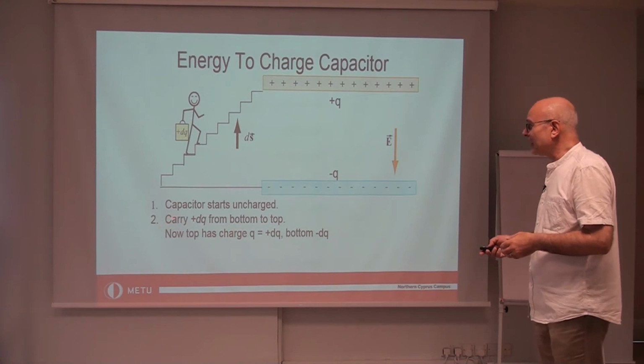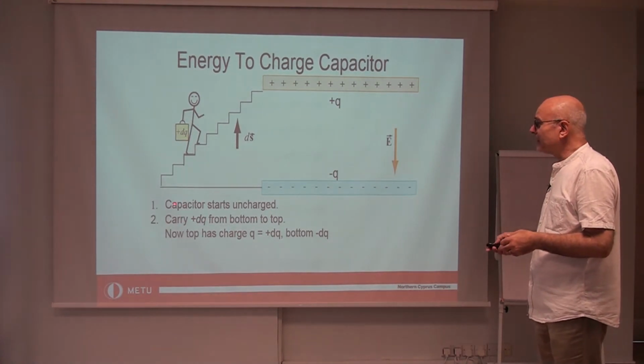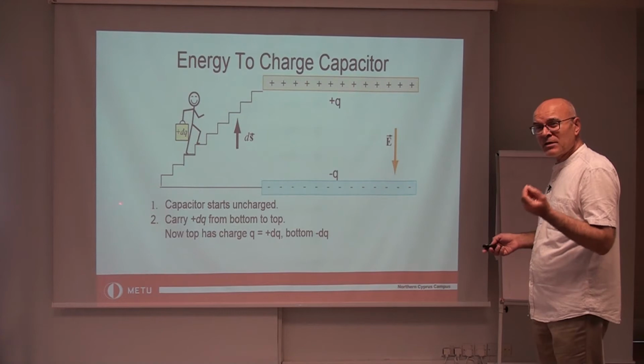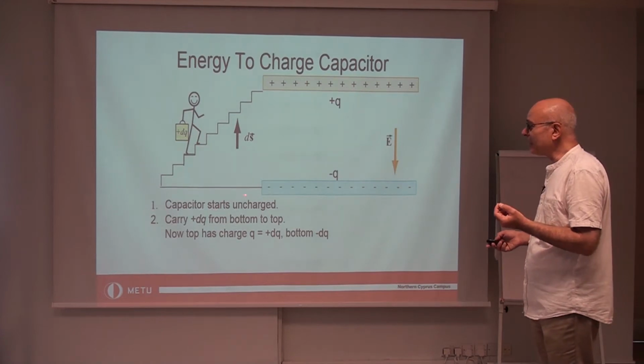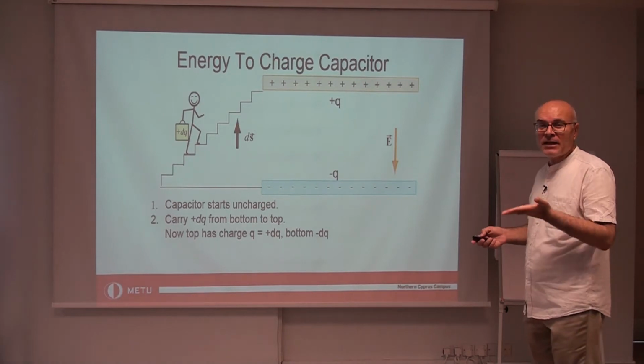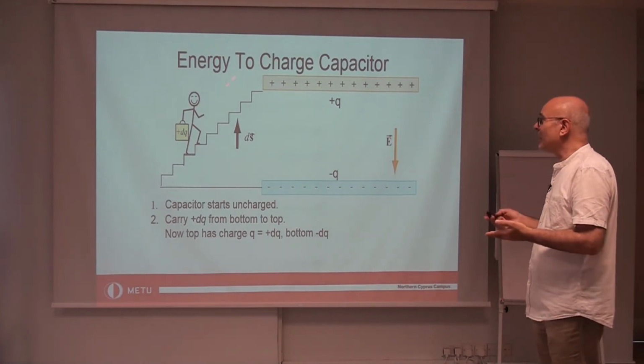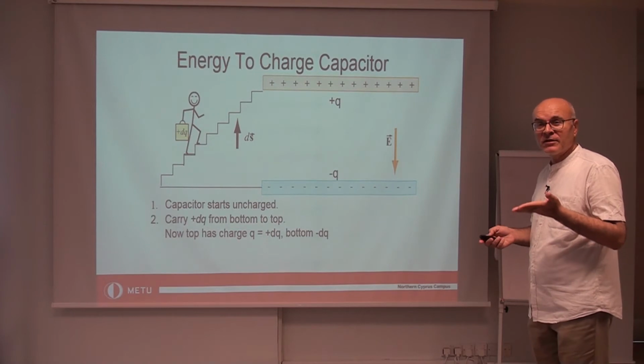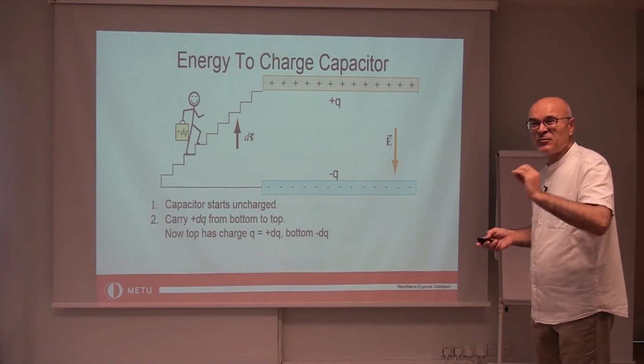So we can think that a small positive charge dq is carried from the negative plate, the lower plate, to the upper plate. So the lower plate will have a charge minus dq, and the upper plate will have a charge plus dq. This is to start with.